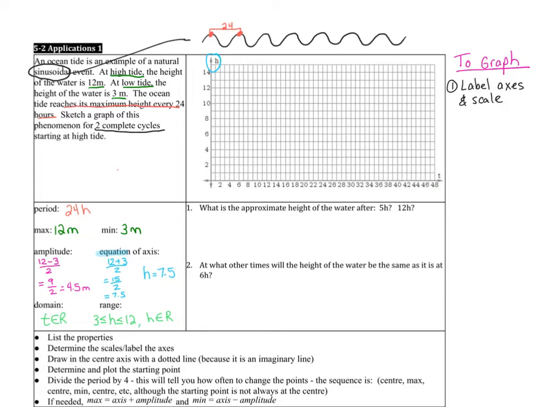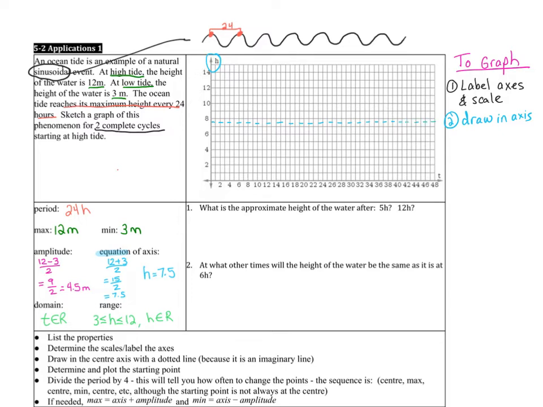The second thing that you'd want to do is to draw in the axis. So the axis is at 7.5. So what you would do is at 7.5, you would draw where the axis would be. Using a ruler.